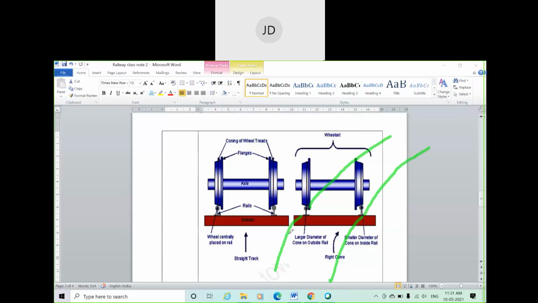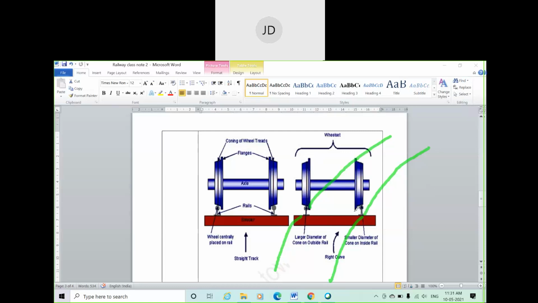Now can you see? Suppose this is a curved track along which the train is moving. In this position, this is your inner curve, and this is your outer curve. Since the train is moving in a right curve, taking the right turn, the wheel on the outer curve is considered the outer wheel.